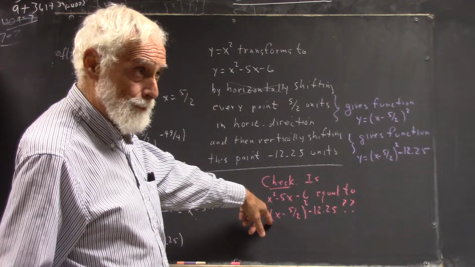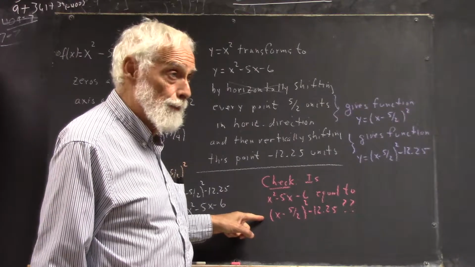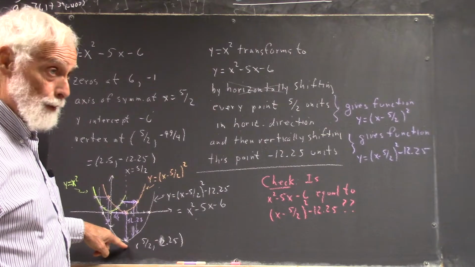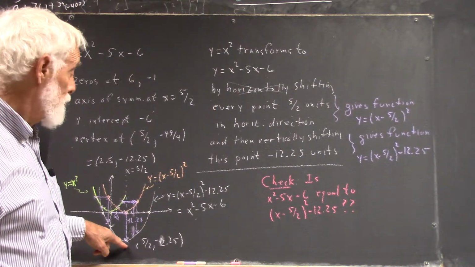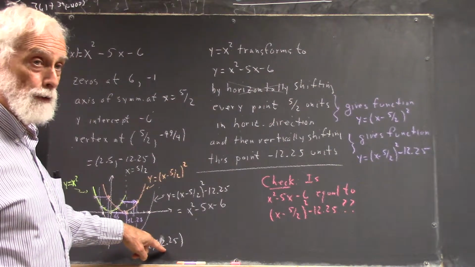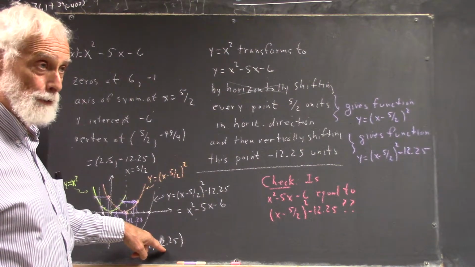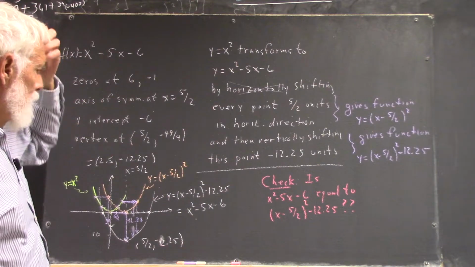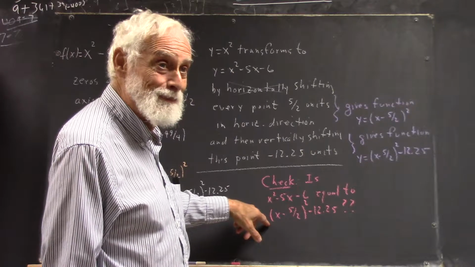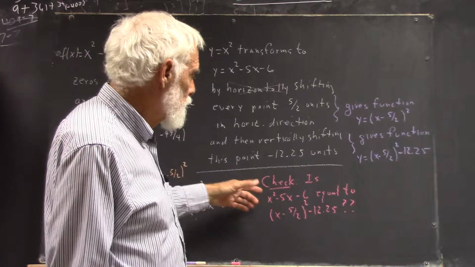Okay? Now there are two ways you can show that this and this are equal. They have to be equal if we've got the right vertex here. But, you know, I did this in my head. I'm not sure that 12.25 is right. I've double checked it 2 or 3 times and I'm still not sure. I wouldn't bet a lot of money on it, but I'm pretty sure it's right. But if we do this, and if you do it, just to keep me honest, then I'll really believe that I did it right. So how are we going to show that these two are equal?